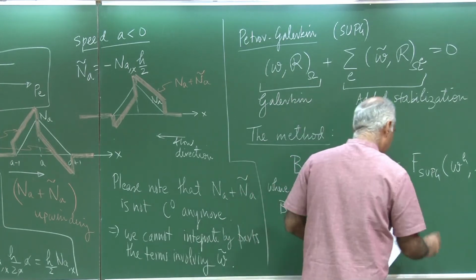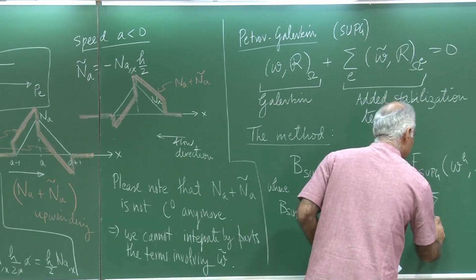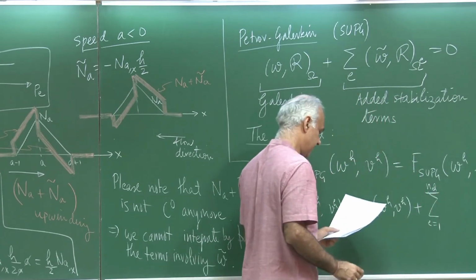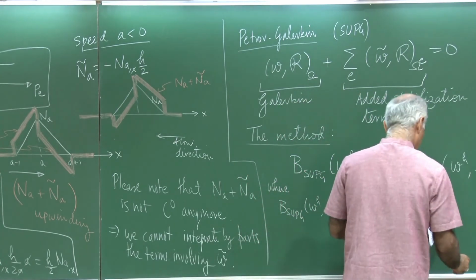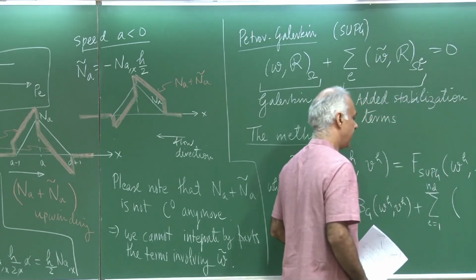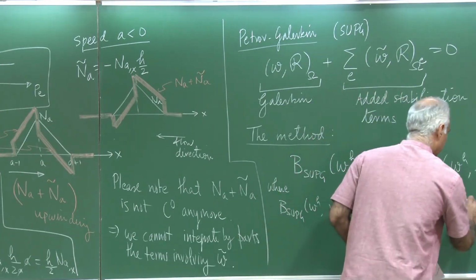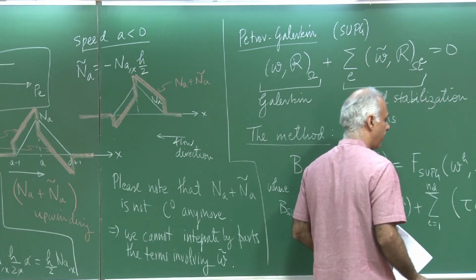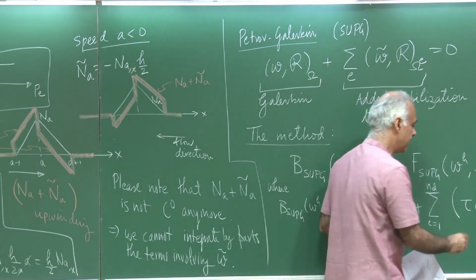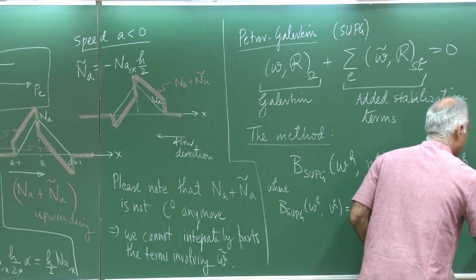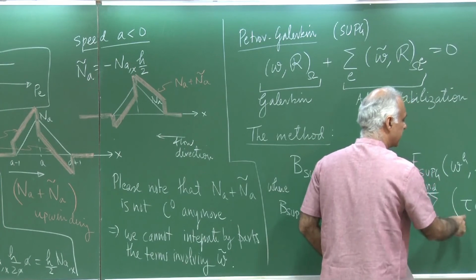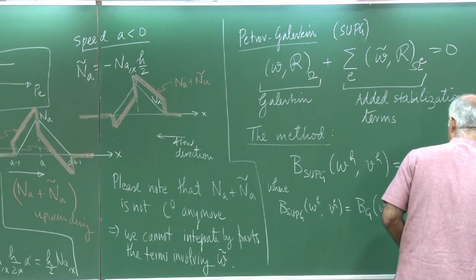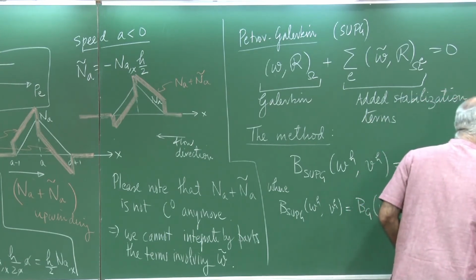And now, we are going to add to it the element level integrals. So, this is E going from 1 through number of elements, and the integration is over the inner product of tau times A, where A is the speed of the flow. It includes the sign as well, times WH comma X. So, this is the W tilde term, and the inner product is with the residual without the source term, of course.